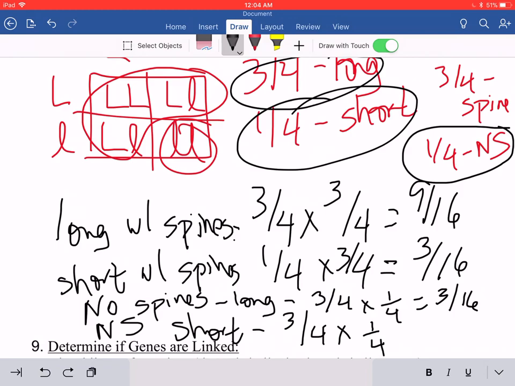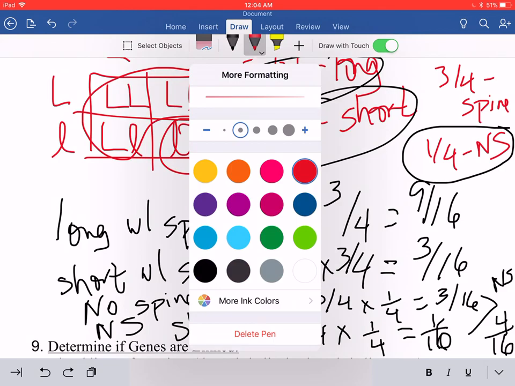Sorry, I made a mistake here. This is no spine, which is 1/4, times the short, which is 1/4, and so that's going to be 1/16. But these two combined are the phenotypes for no spine. So it's really going to be 4/16 if you add these two.